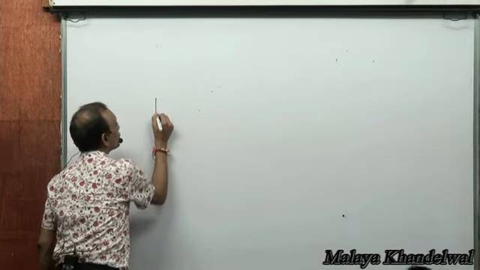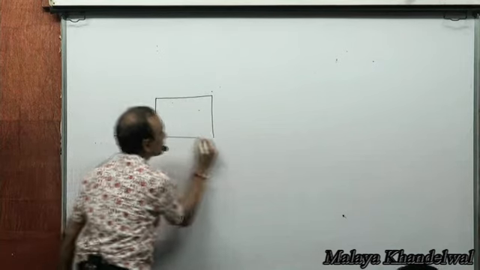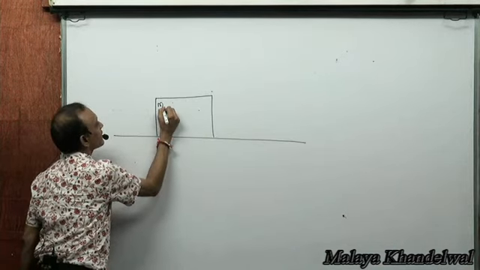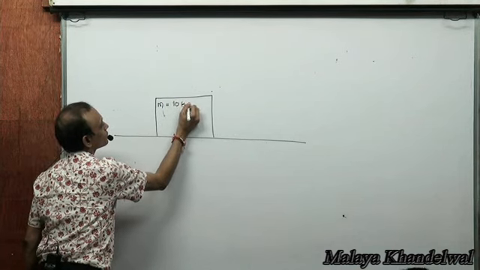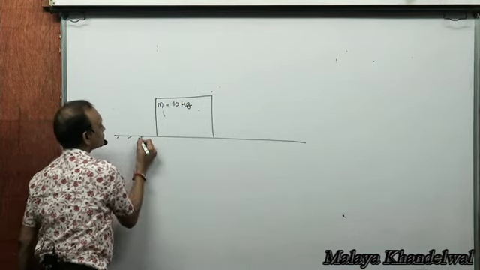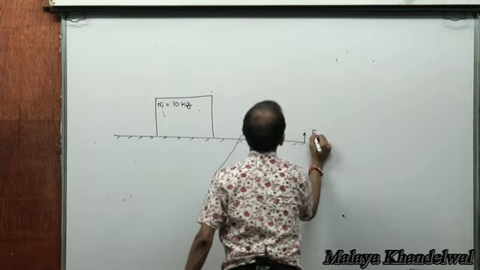Now, say there is a mass m1, m equal to 10 kgs, and there is a fixed surface on which it lies.